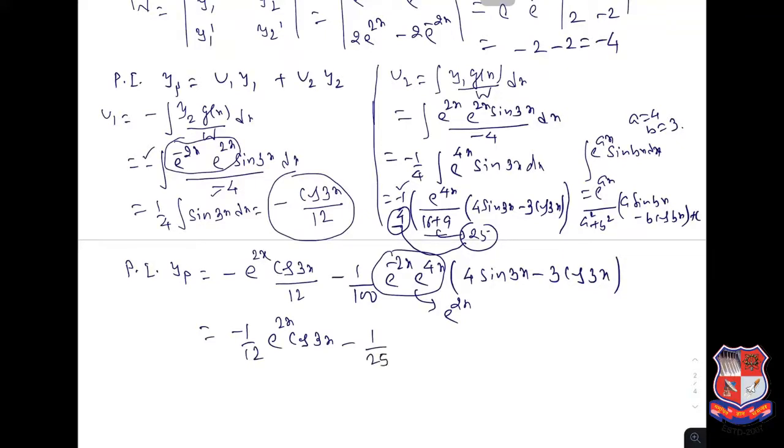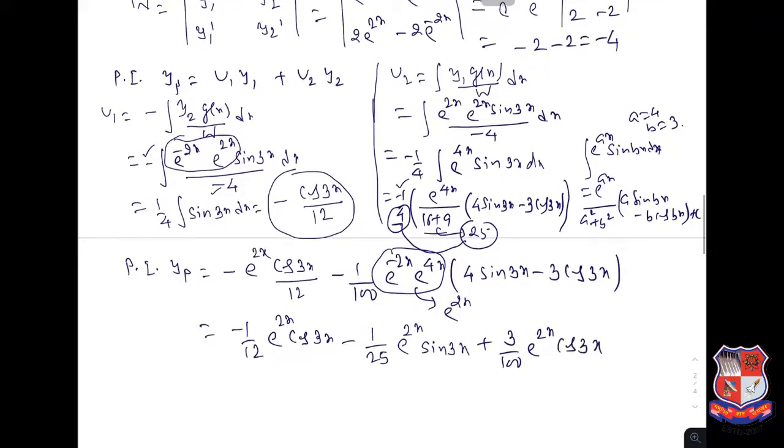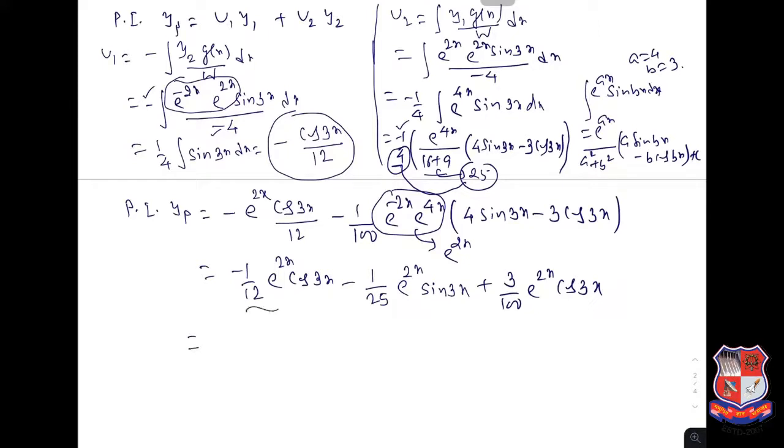So write 1 by 25 e power 2x sine 3x, and then this minus and minus plus 3/100 e power 2x cosine 3x, and we can now combine these two terms.